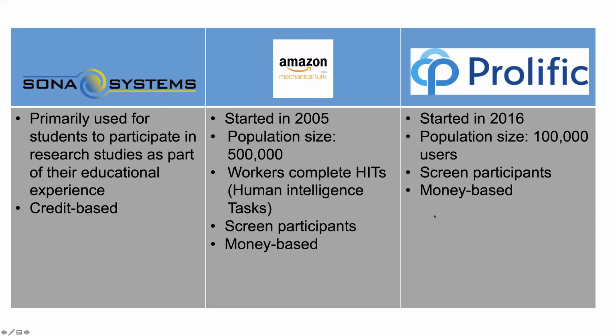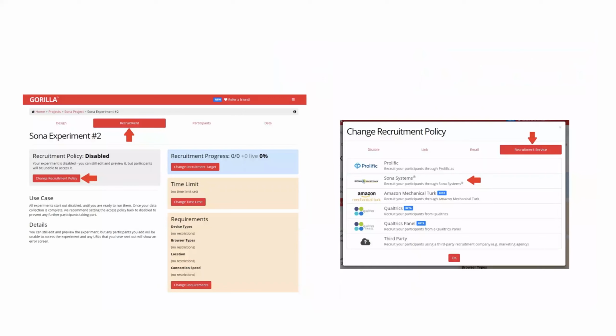So these are the 3 basic recruitment platforms. Again, you get the participants and they pay them. And it's very easy to link these things together. To link your experiment on Gorilla to one of these recruitment platforms, it's very simple. There's essentially just a link that you copy and paste, and it essentially does all the data collection for you.